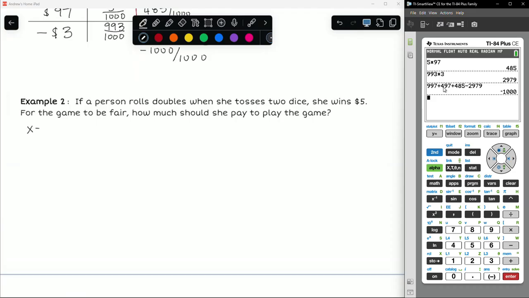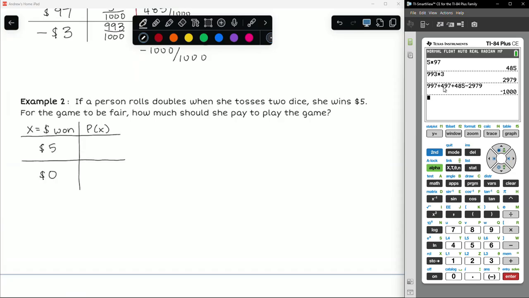I'm going to let x be the money won, because she hasn't lost any yet, because I don't know how much she should pay. And then I need p of x. And it sounds like there's only 2 outcomes in terms of how much she won. She either wins $5 if she rolls doubles, or she wins nothing if she rolls not doubles.